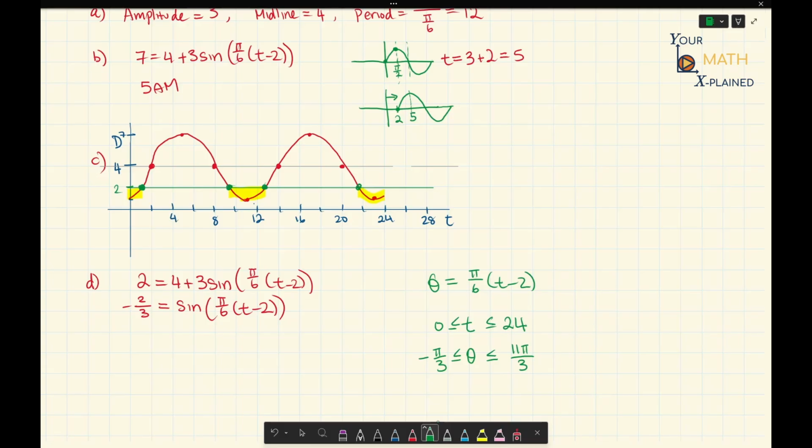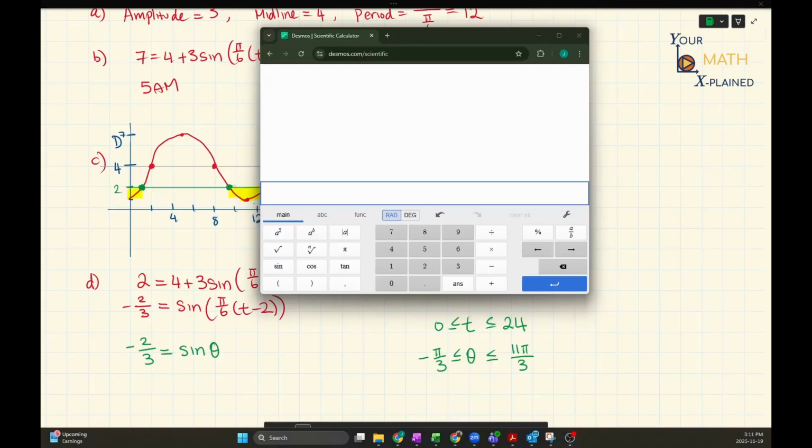Now, by doing this, we are solving for the equation negative 2 over 3 is equal to sine of theta. So we're going to take a quick look at what our domain is in terms of decimal points. Negative pi over 3 is roughly negative 1.05, and 11 pi over 3 is roughly 11.52.